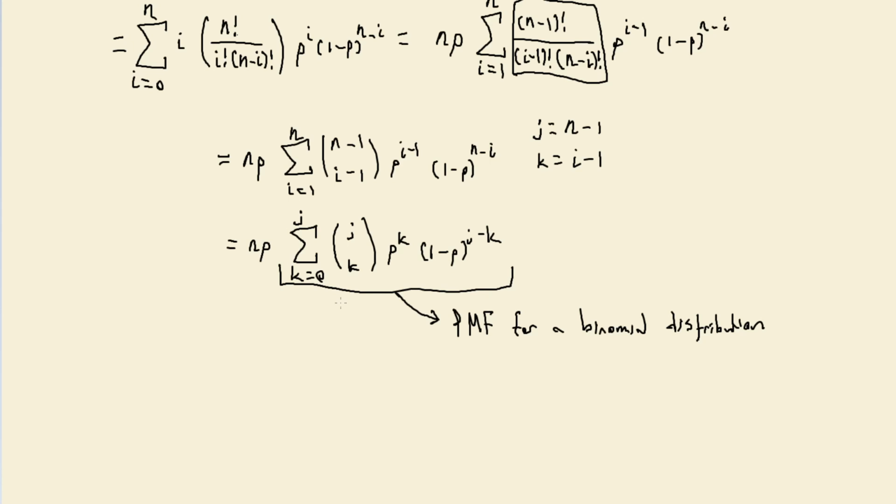So you're going to have a probability of 1 if you add up all of the possible outcomes. And so this entire series here is just going to be equal to 1. We're adding all the possible outcomes of the binomial distribution. And so this is just going to equal np times 1, which is just equal to np. And so this is a formal proof for the mean of the binomial distribution.